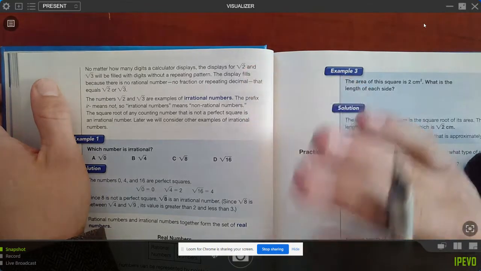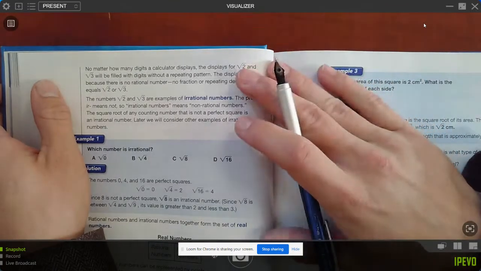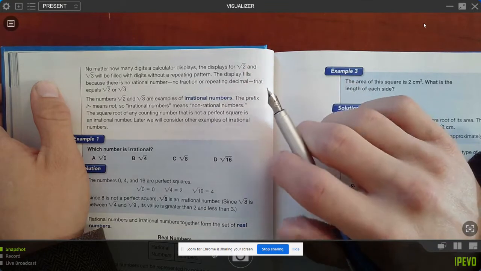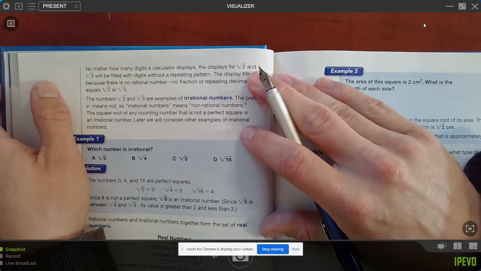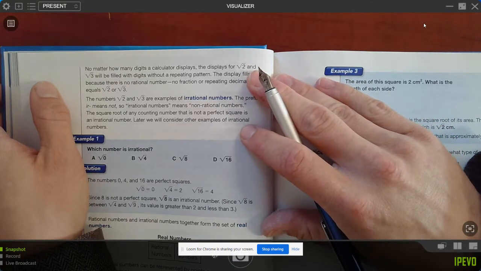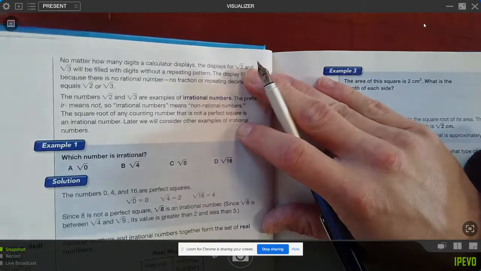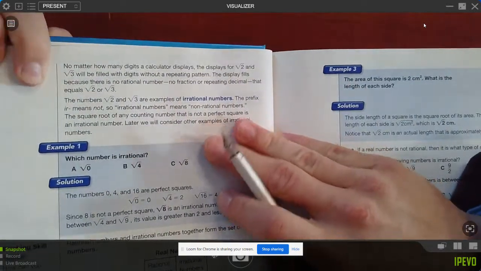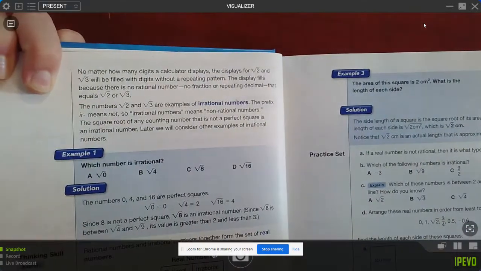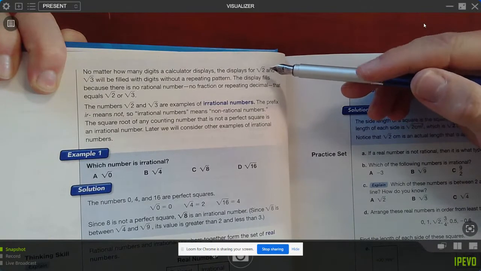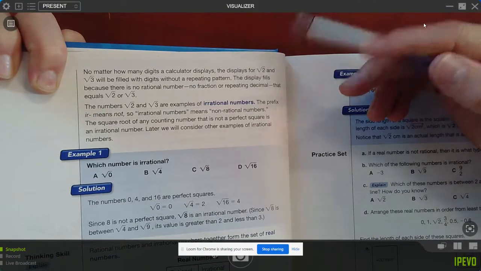It just goes on forever, which is really odd. It's an irrational thing that these numbers just go on forever, and so that's kind of an odd system with our math. What it essentially means is there's no real number that times itself equals 2.